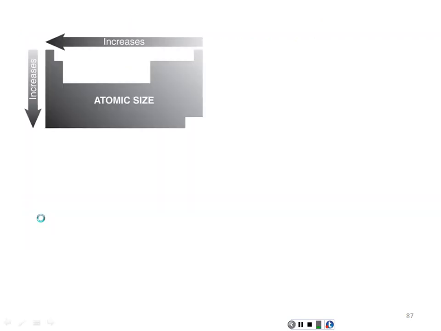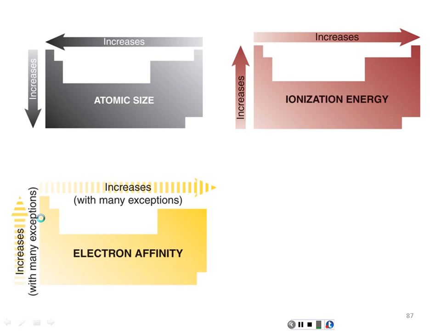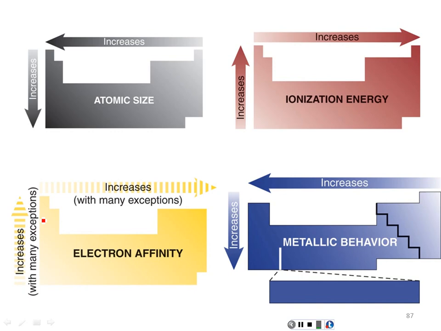So that really completes our picture of periodic trends: atomic size, ionization energy, electron affinity, metallic behavior, as well as the acid-base behavior of the oxides.